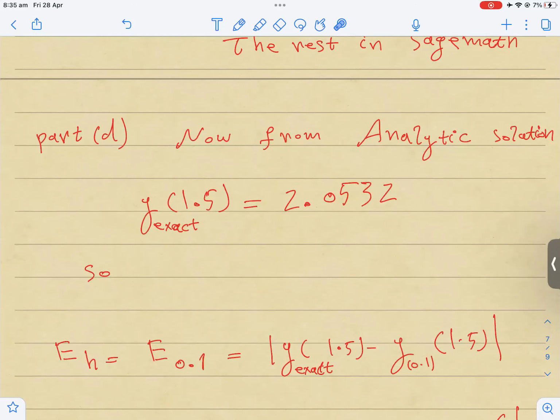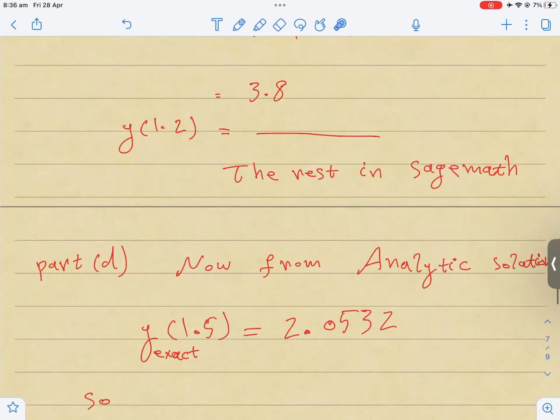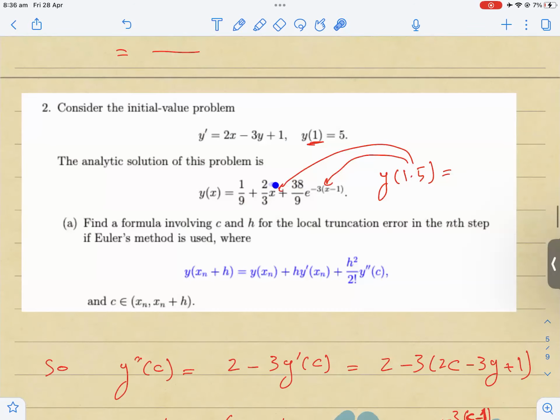Part D, important. Now, from the analytic solution, which is given to us, the point is 1.5. Y of this point is this guy. So the analytic solution is this one. I just substitute x by 1.5, so I obtained y of 1.5 from this.